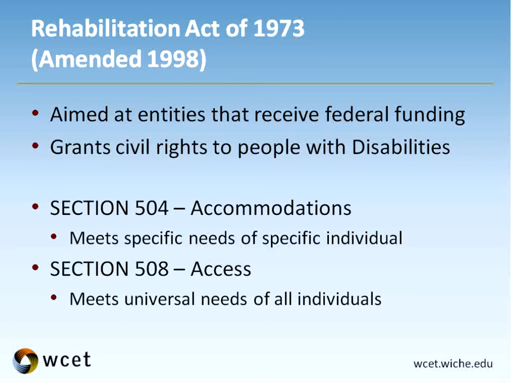First, the Rehabilitation Act of 1973 granted specific rights to people with disabilities at all institutions that receive federal funding. So you're probably saying, that's me. Maybe that's not you.